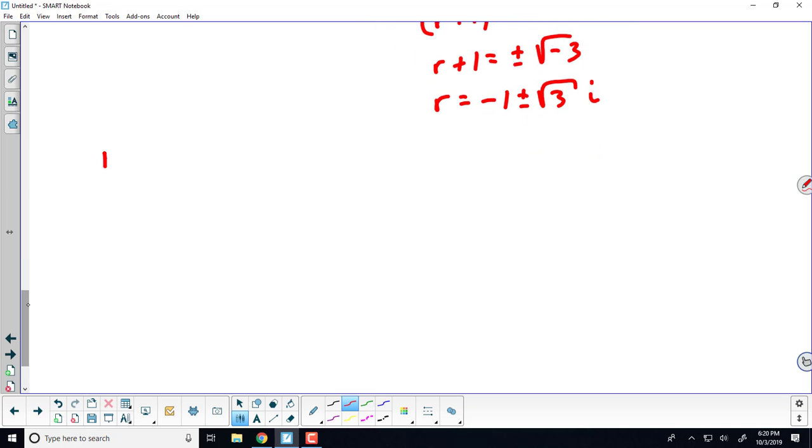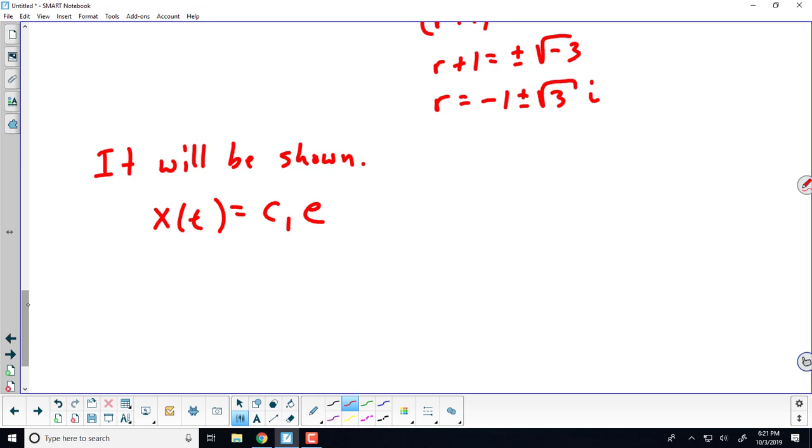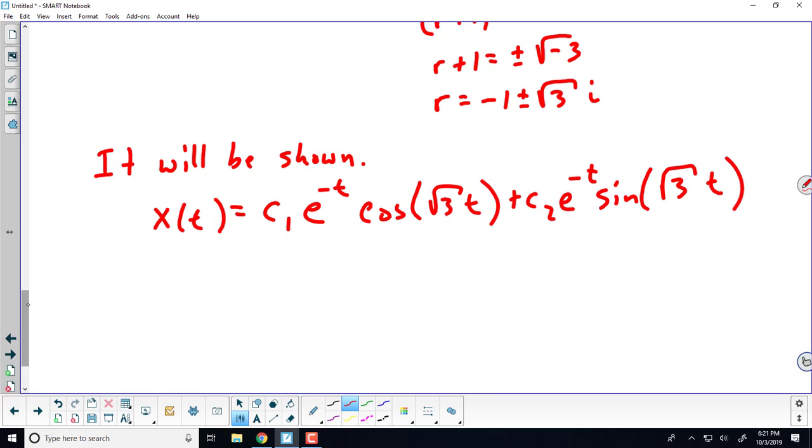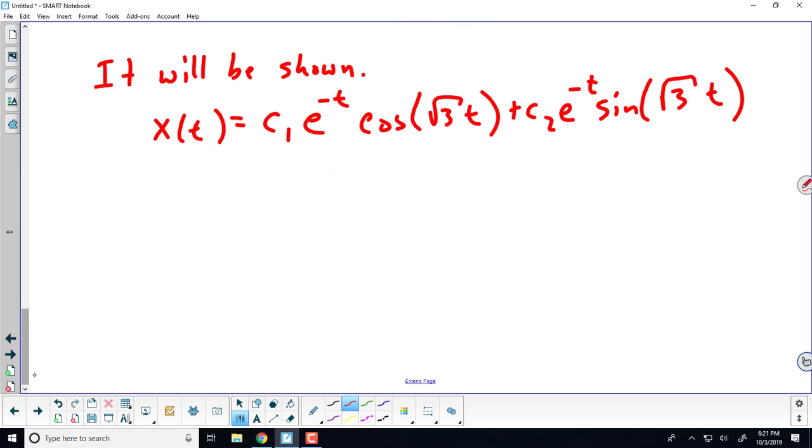It will be shown that the solution is x of t equals c1 e to the minus t times the cosine of the square root of 3t plus c2 e to the minus t times the sine of the square root of 3t. So that's the solution.